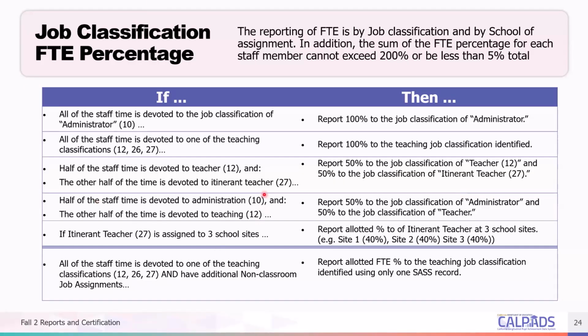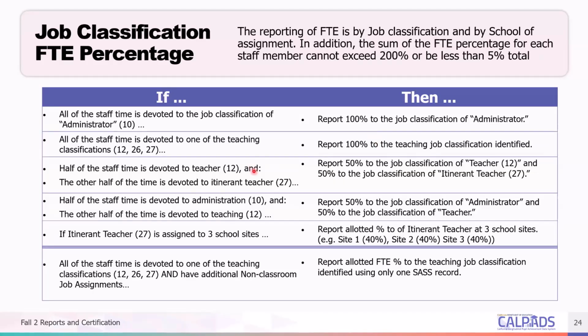So let's say you have an admin who is an admin credentialed staff member, so you have a job classification of 10 and they're a full-time admin, so you report them as 100% FTE. Now, if you have a teacher who is either a 12, 26, or 27, and that is their full-time job classification at one specific school, then you report them as 100% at that school.